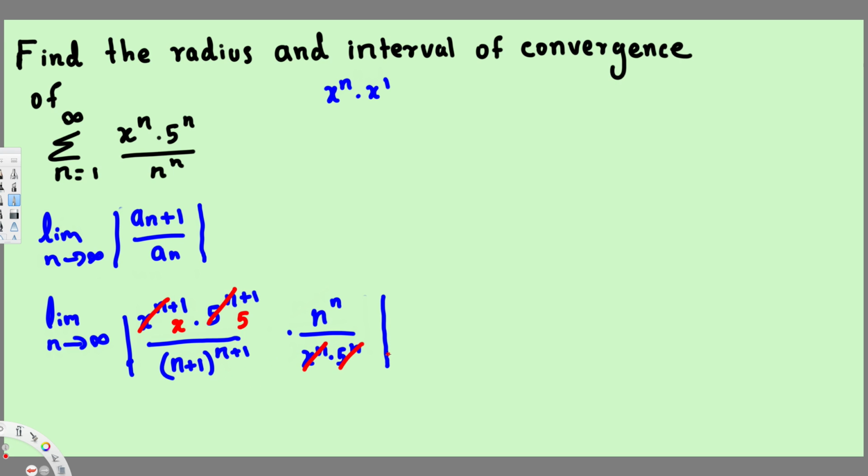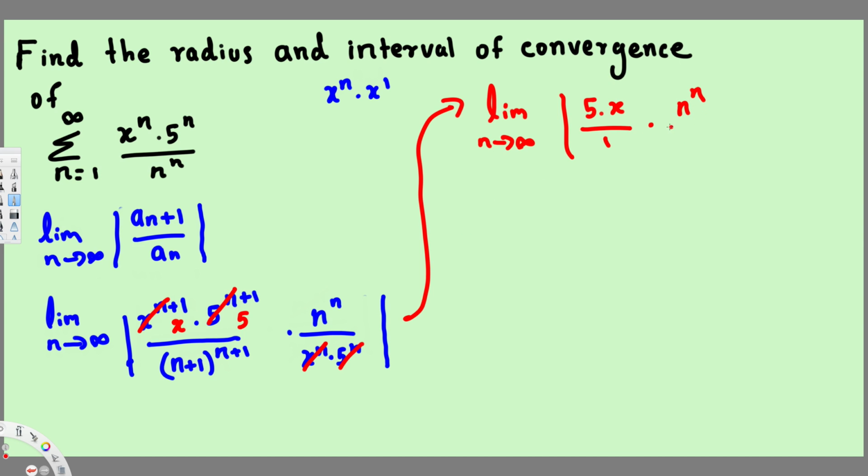Now let's continue this one right here. The limit as n approaches infinity, and then we have 5x in here. Let's put 1 over here, and we have n to the power n, and in the denominator we have n plus 1 to the power n plus 1.